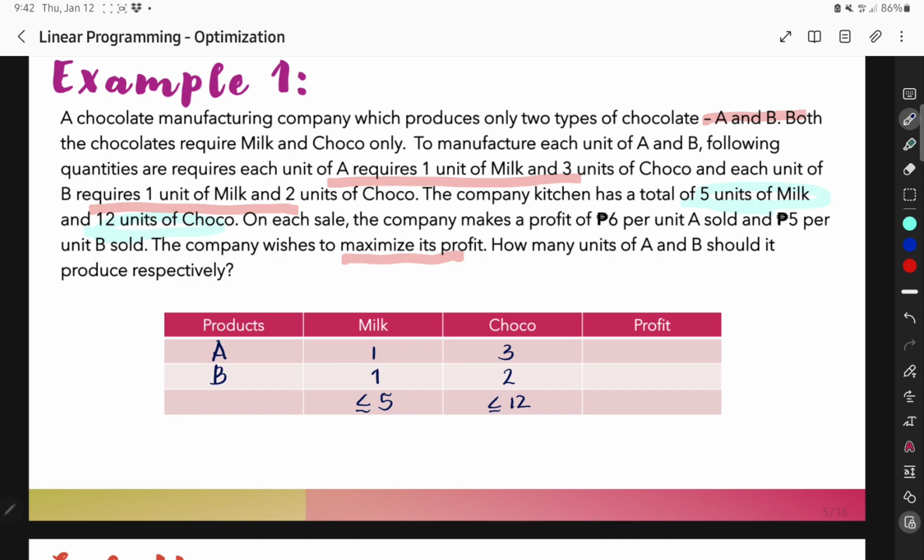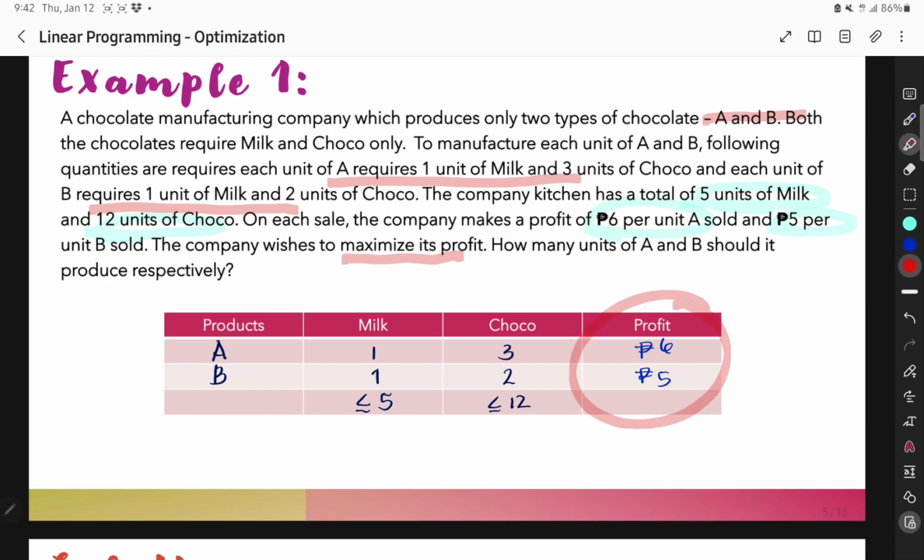And now for the profit. The profit is 6 pesos para sa A and 5 pesos para sa B. So that would mean kani is 6 pesos, and for the B, you have 5 pesos. Okay, and the company wishes to maximize.